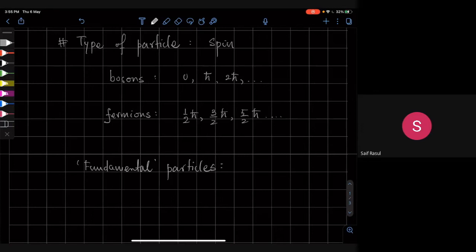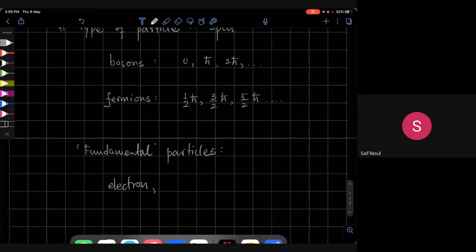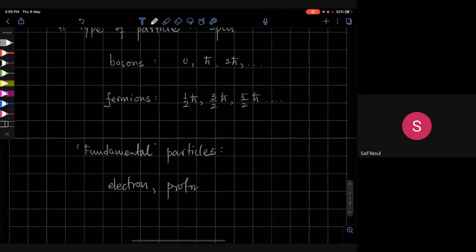So, for example, an electron is a fermion, a proton is a fermion, and a neutron is a fermion.